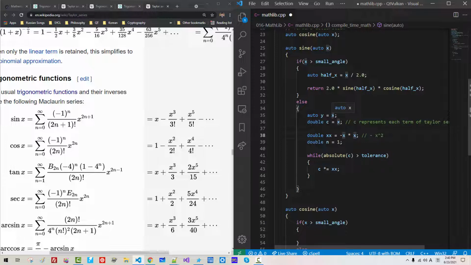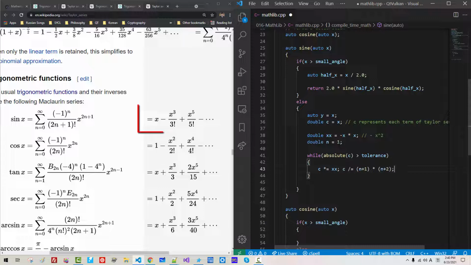Initially we start with x, then x times x, it becomes x to the third power, and minus, then c we divide by n plus 1 times n plus 2.